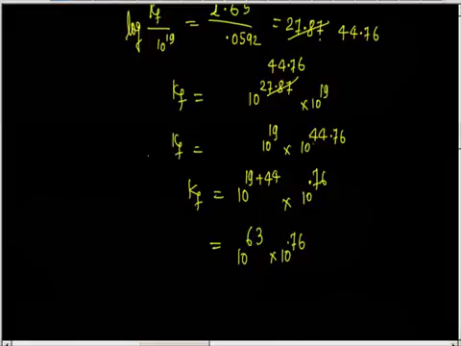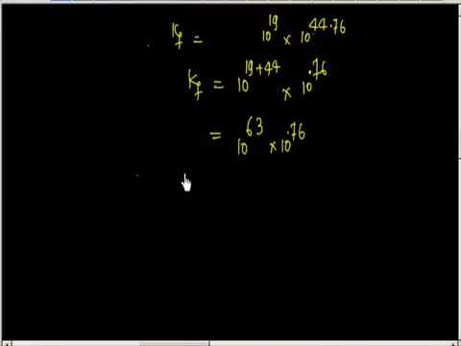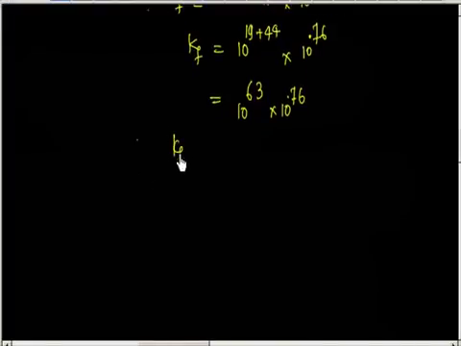I have to see 10 raised to the power 0.76, and this value is 5.75. So now the K value is 5.75 into 10 to the power 63. Are you getting? So this is my K value.